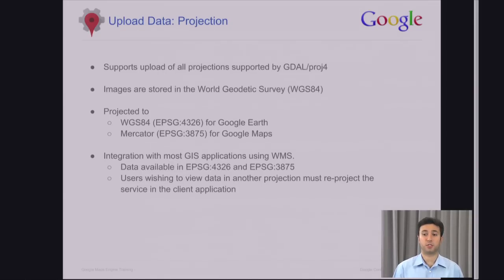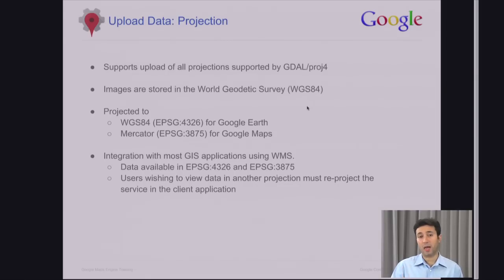A word about projections. We support upload of data in projections that is in compliance with all that's supported by GDAL or Proj 4. When working with imagery, after you upload and the processing that gets kicked off right after, part of this processing will convert imagery data sources from whatever projection they're in into WGS84 for further processing and storage within Maps Engine.